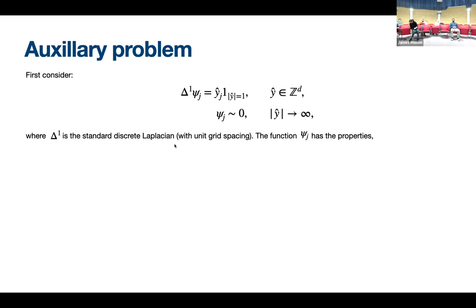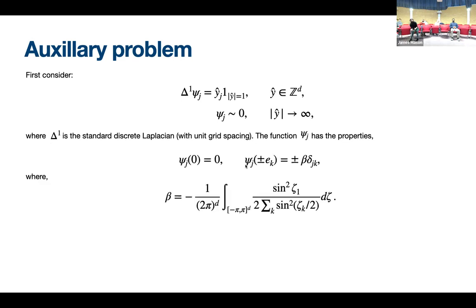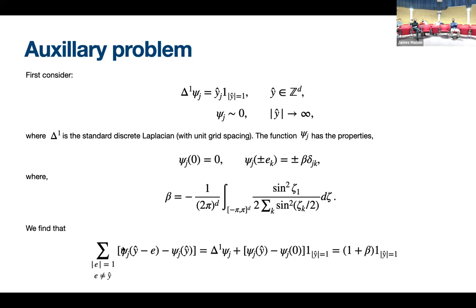We can solve this. It has these properties where it's zero at the origin and has this plus or minus behavior around the origin, with b given by this. That's not too important. What we can do is take the operator from the slide before and apply it to psi, and we just get a multiple of this decay function.